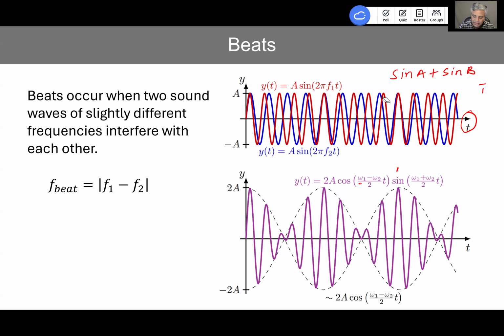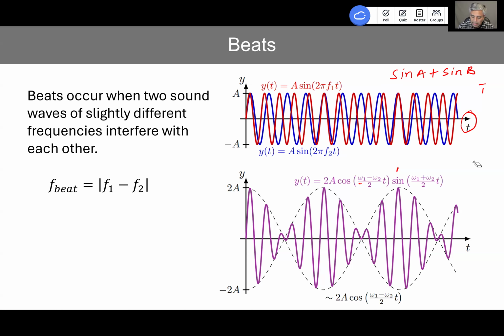So you see the period of the red wave, whose frequency is f1, is slightly smaller than the period of the blue wave, whose frequency is f2. So red is repeating faster than the blue. That's why f1 is a bit larger than f2.